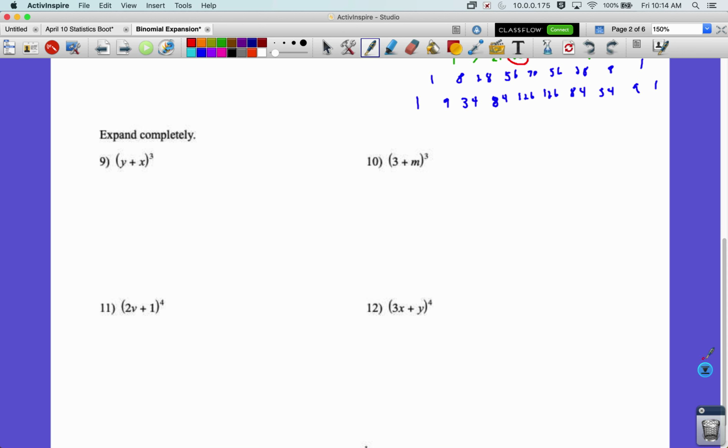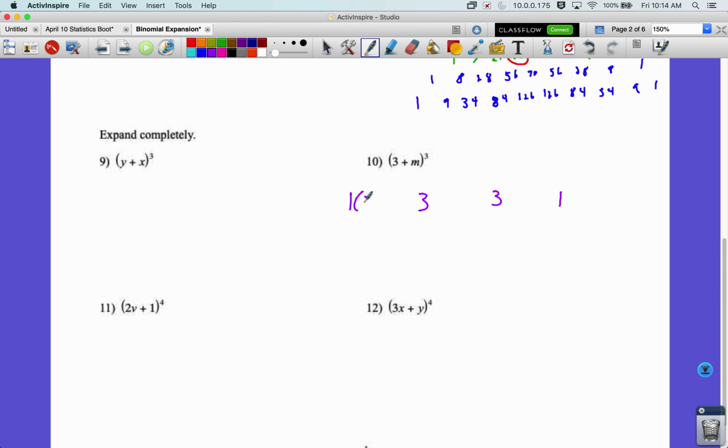Let's try to expand one of these. We'll do one with a number. We'll do 10. It's to the third, so I need to get my coefficients from the third row of Pascal's triangle. So I go 1, 3, 3, 1 with some space.